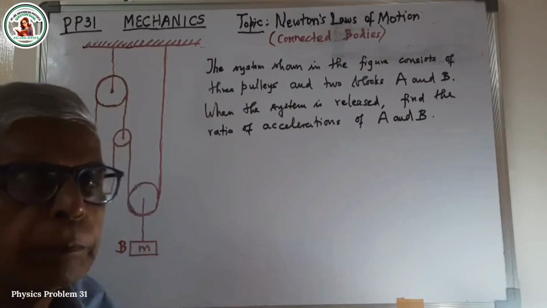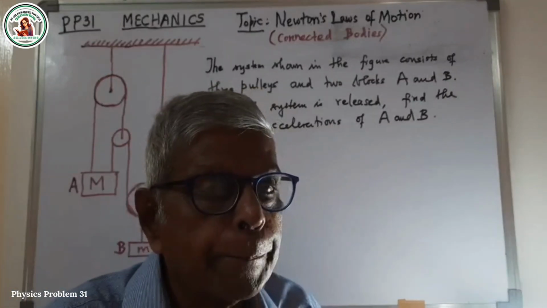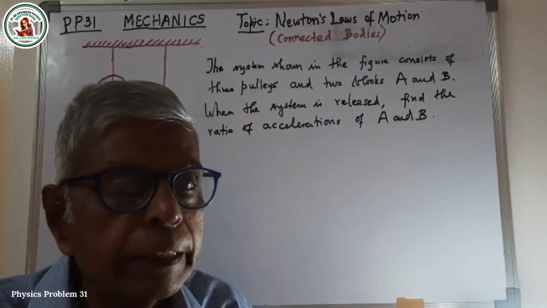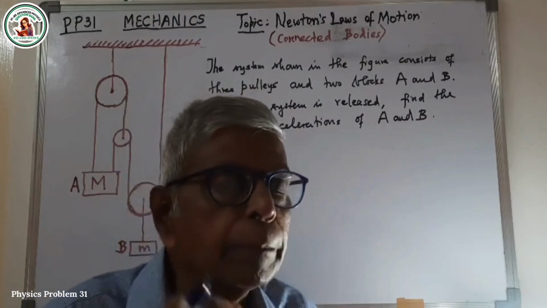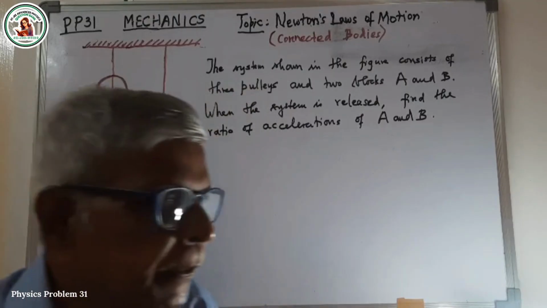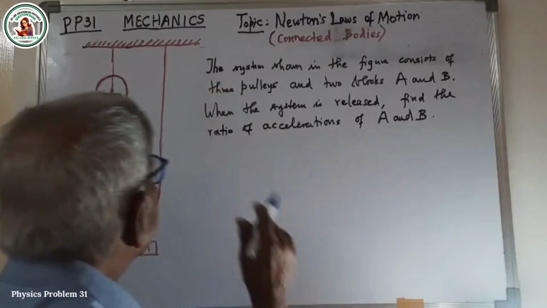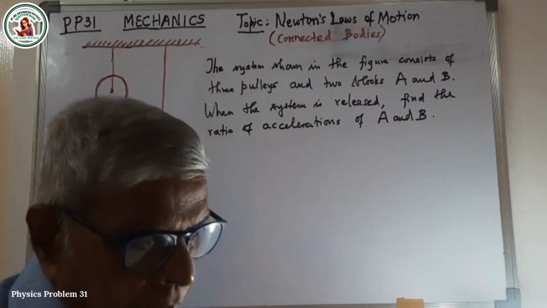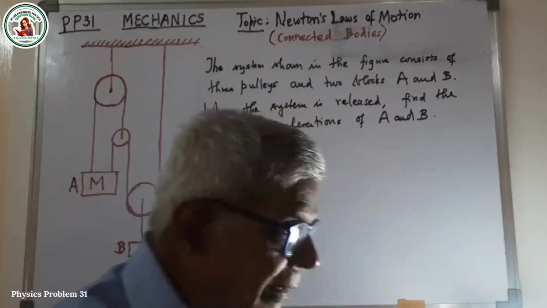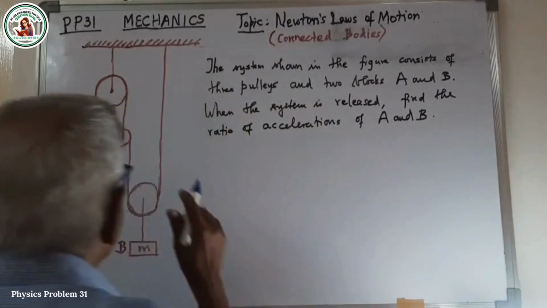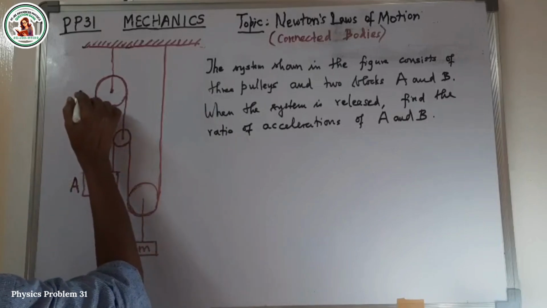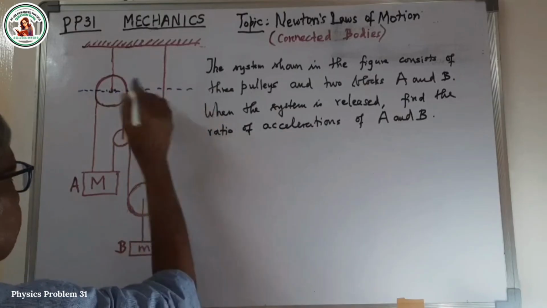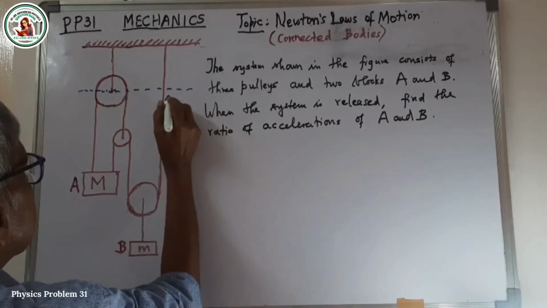The distances must be measured from a fixed reference level. The ceiling is a fixed level, and from there we can mark the distances. That is one option, but a better option will be to take the center line of the upper pulley as the reference line.